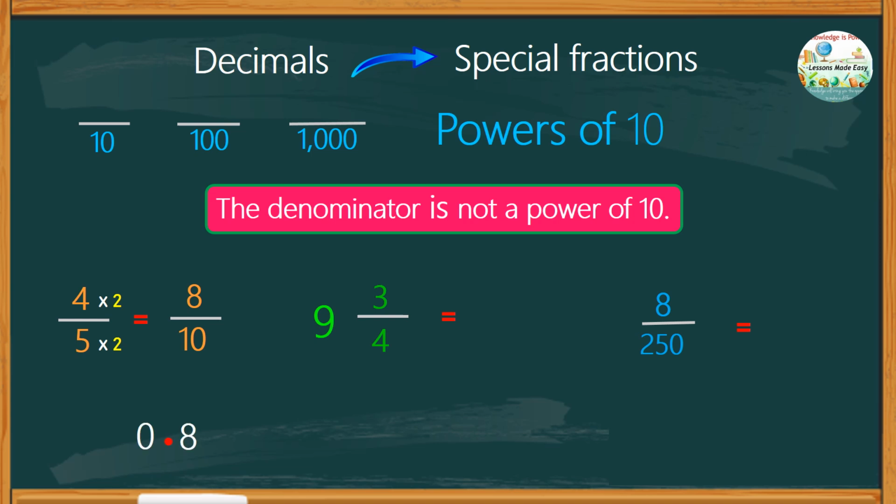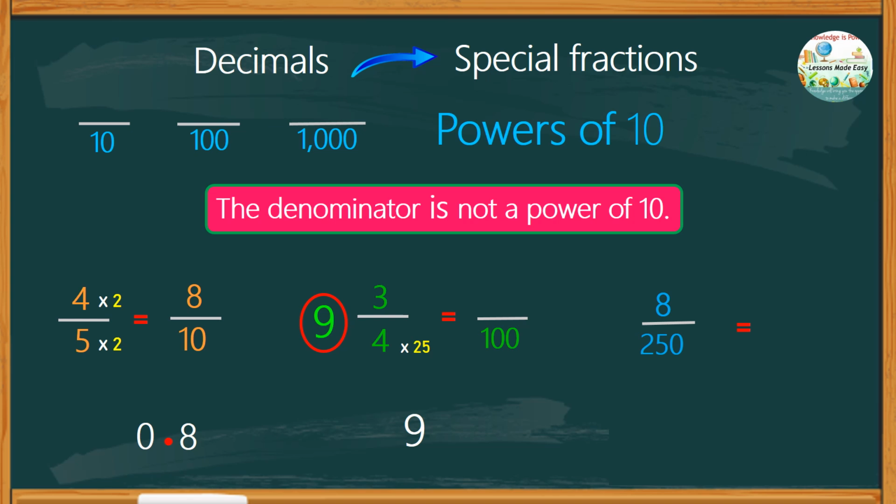Since the next fraction is a mixed number, there is no need to convert it to an improper fraction. Keep the whole number 9, and we will only work on the proper fraction 3 over 4. We can't change 4 to 10, but we can use 100 as the denominator by multiplying 4 with 25.